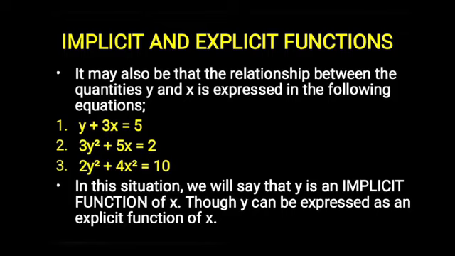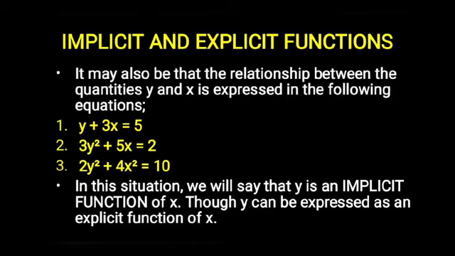Number 3, 2y square plus 4x square is equal to 10. In this situation, we will say that y is an implicit function of x, though y can be expressed as an explicit function of x.